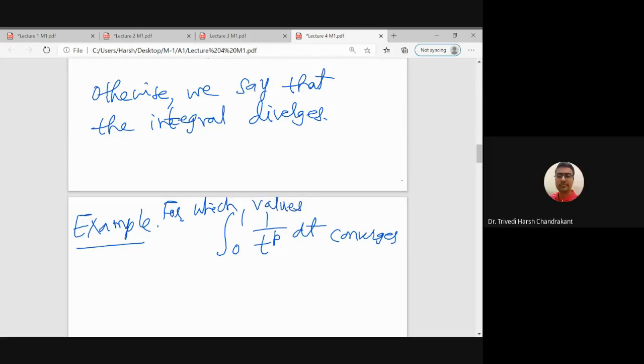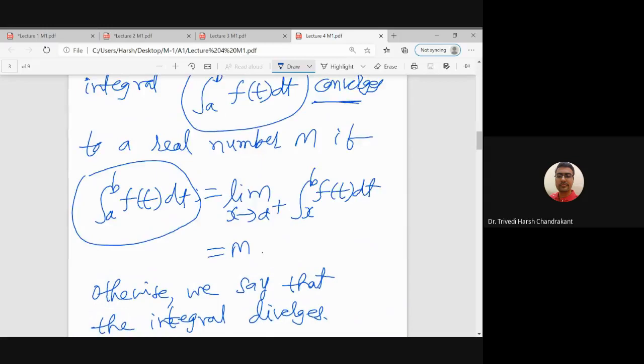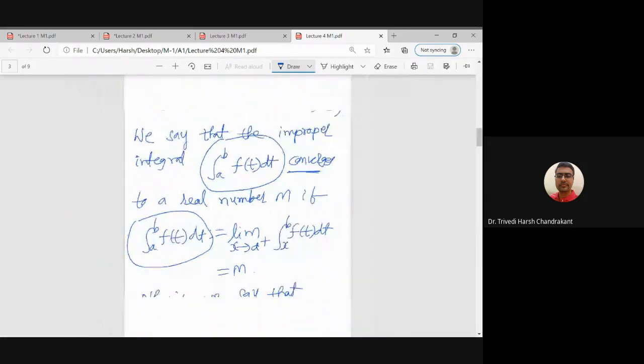Just 1 minute. So for which values of p does the integral converge? Yeah, so this is the definition basically.